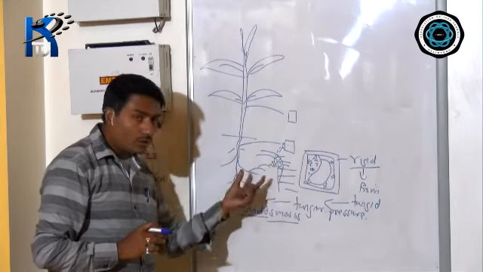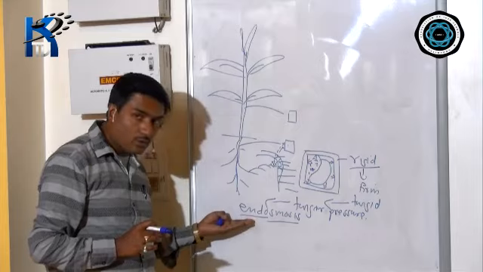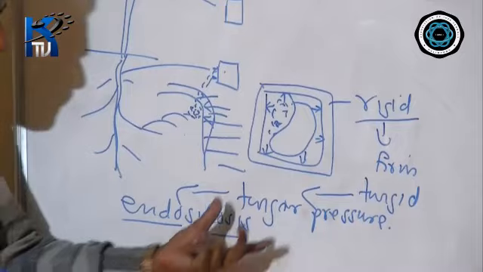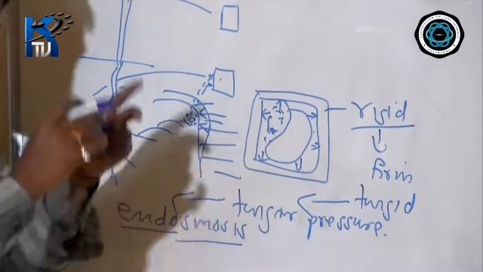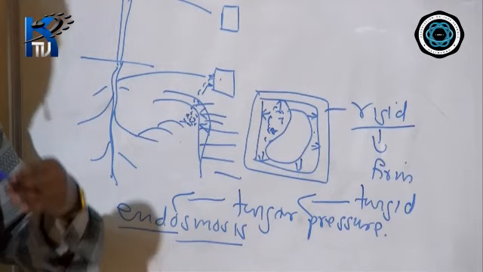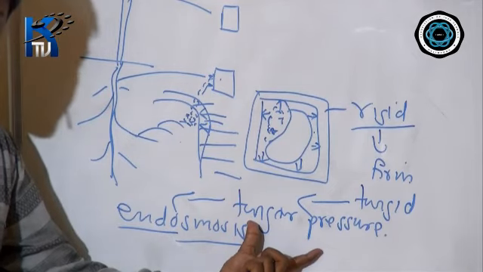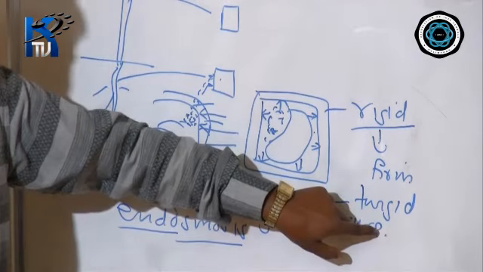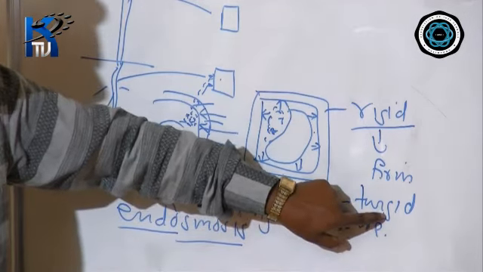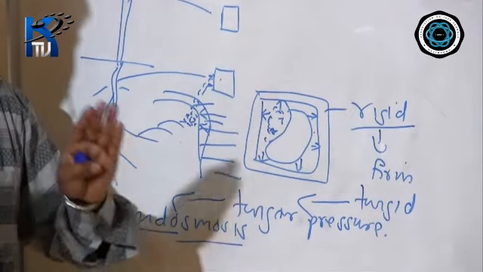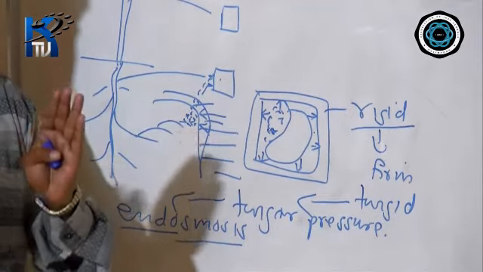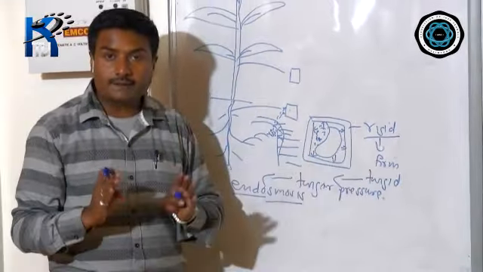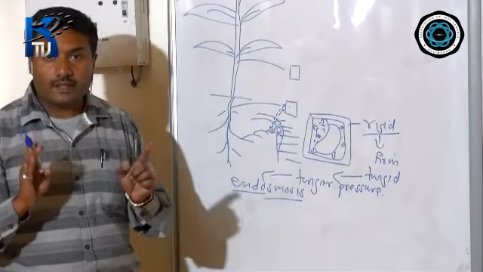When water gets infiltrated inside, you call it endoosmosis. Due to that, the cell volume will increase. When the water got infiltrated inside, it creates a pressure. That pressure is called turgor pressure. This turgor pressure leads to the condition called turgid. The state in which this turgor pressure remains and the cell remains in a turgid condition is called turgidity.